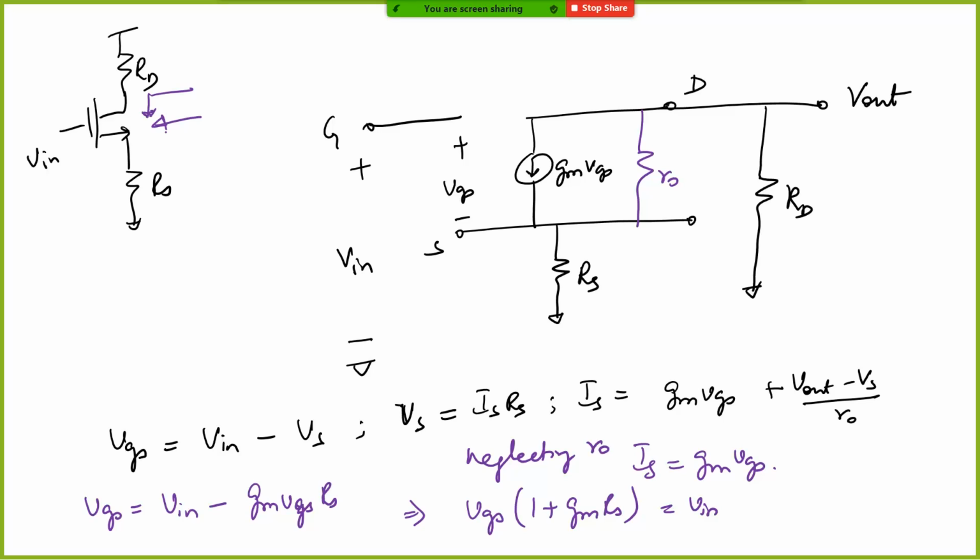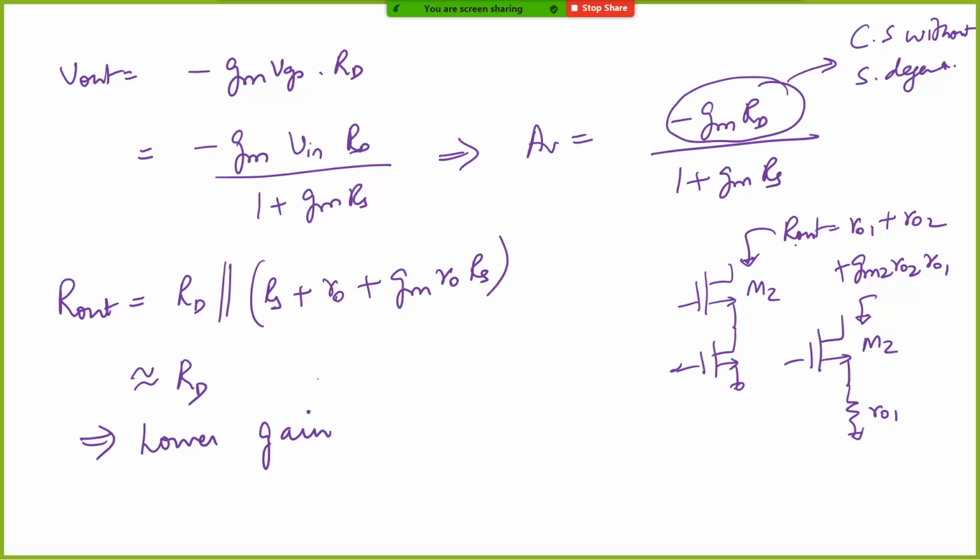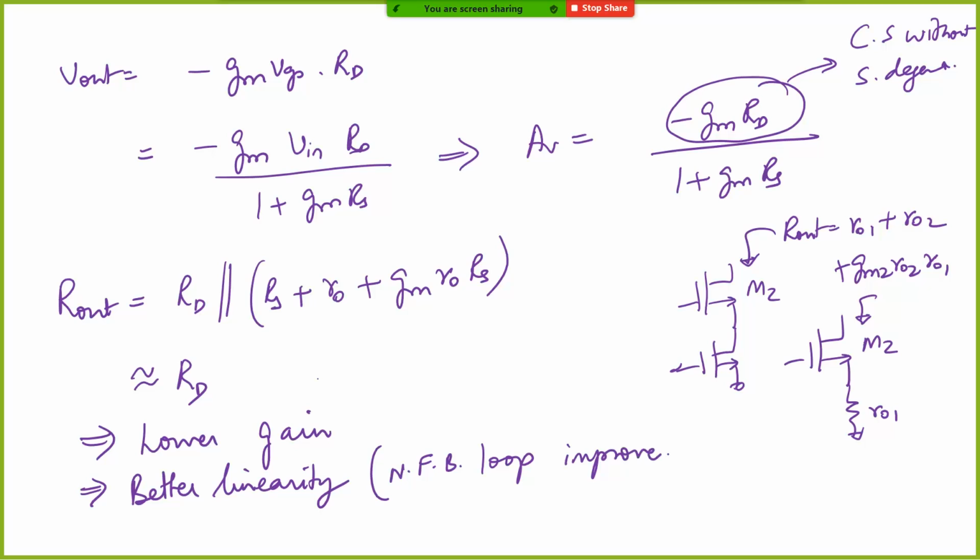Now what you will see is you will have better linearity here. The negative feedback loop improves your linearity.